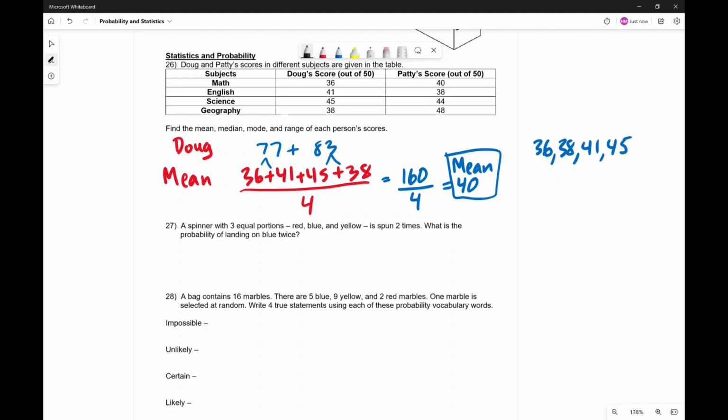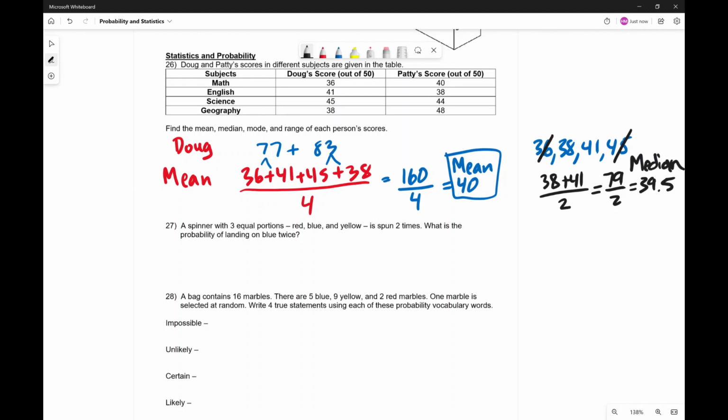Crossing out the values, we'll cross out 36 and 45, and the median is somewhere between 38 and 41. So let's add the two numbers together and then divide it by 2 to find the average. 38 plus 41 is 79, and 79 divided by 2 will give us 39.5. That will represent Doug's median.